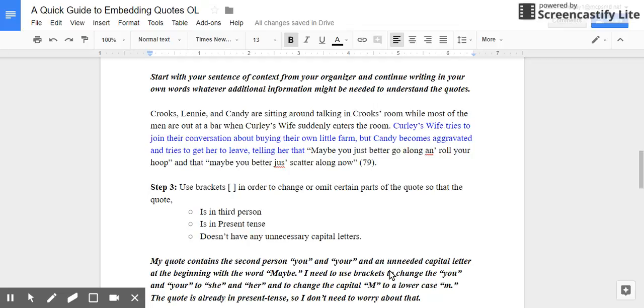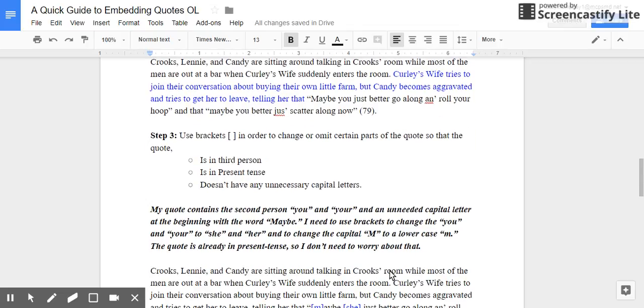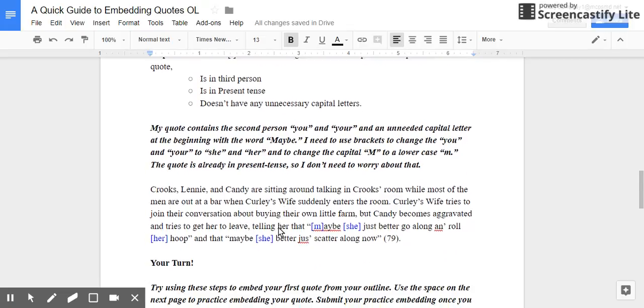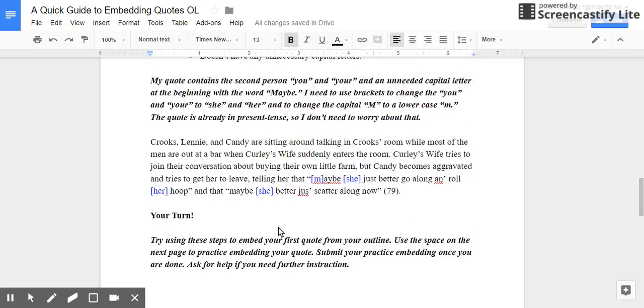Now, lastly, I need to get rid of the second person pronouns, which are you and your. And I need to get rid of this kind of weird capital letter. So normally we wouldn't have a capital maybe in the middle of a sentence. And this is already in present tense, so I don't have to worry about that. So you can just see here, that's what I did.